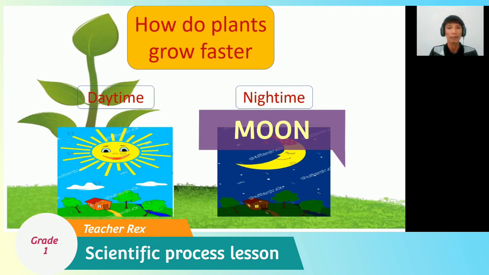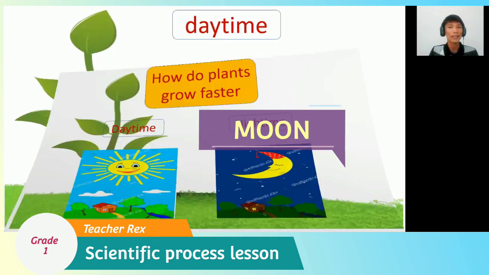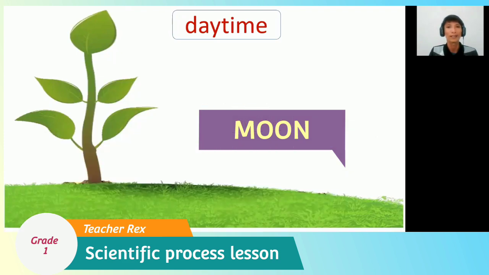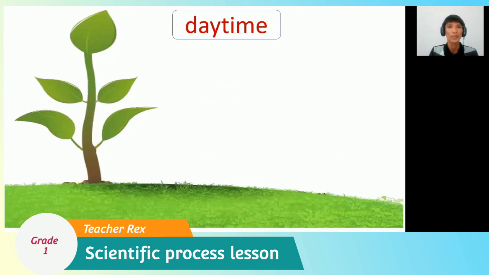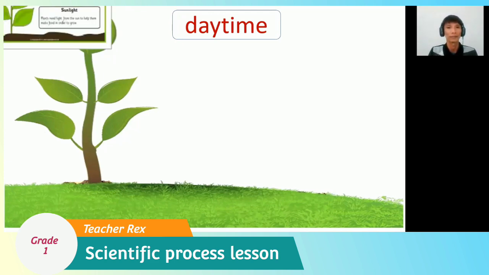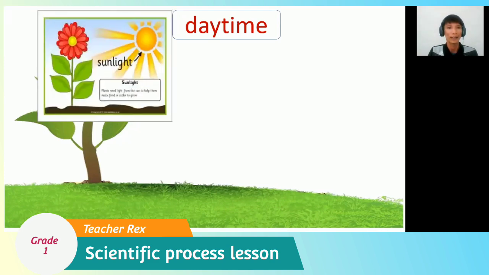Daytime and nighttime. So in the next picture, we have here the daytime. And when we say daytime, most probably we have sun. Sunlight. Repeat after me. Sunlight.